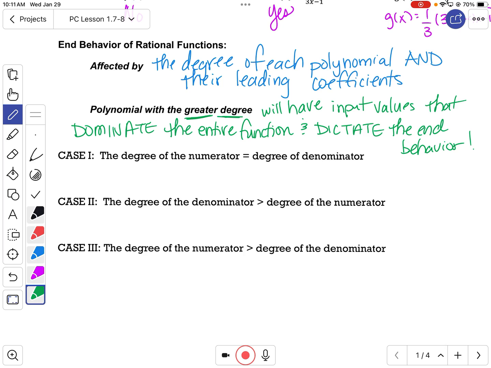So case 1, the degree of the numerator equals the degree of the denominator. When that happens, our end behavior will approach the horizontal asymptote.